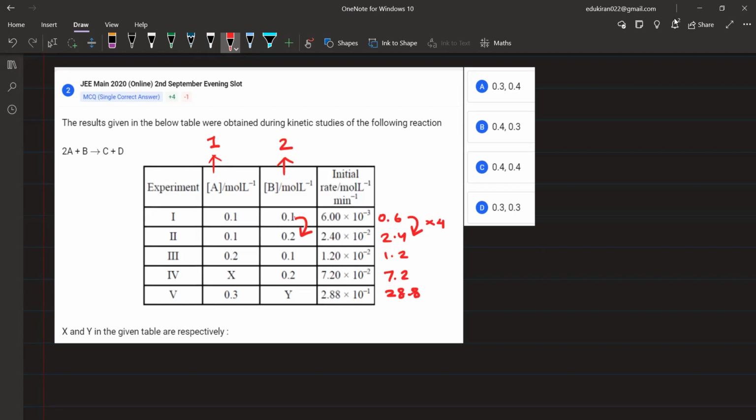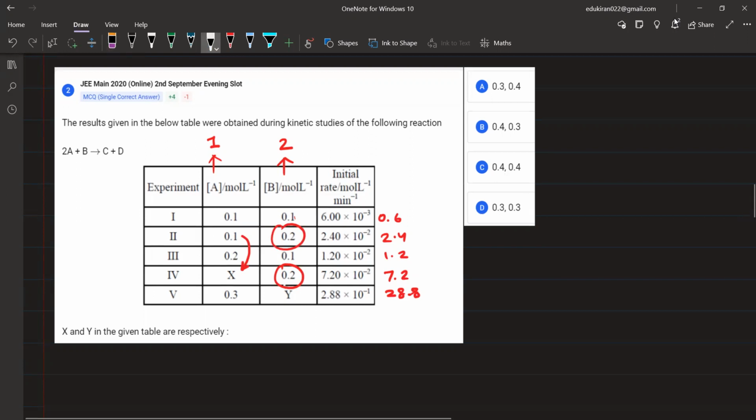Okay. Now you can calculate X. So here we have 0.2, 0.2 and 0.2. है ना? दोनों क्या है यहाँ पे? 0.2 है. So whatever change will be happening due to what? Change in the concentration of A. I can refer to change in concentration of A by looking at the change in the initial rate.